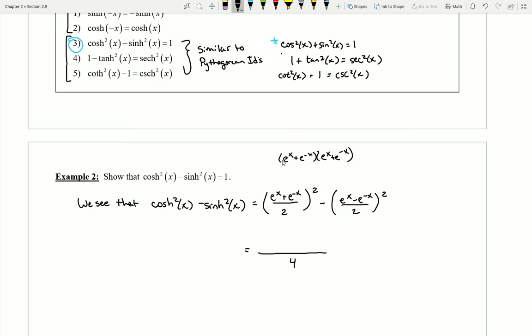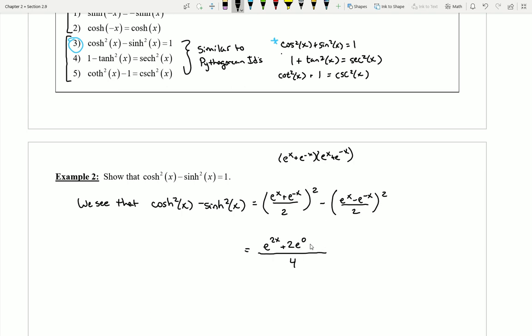If I have e to the x times an e to the x, that's e to the x squared, or e to the 2x. I can then say e to the x times e to the negative x. Notice that's going to be e to the power of 0, right? Because I would add those powers up.